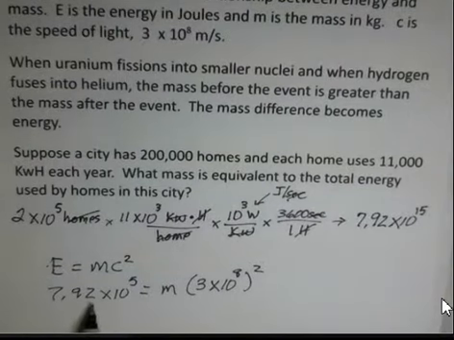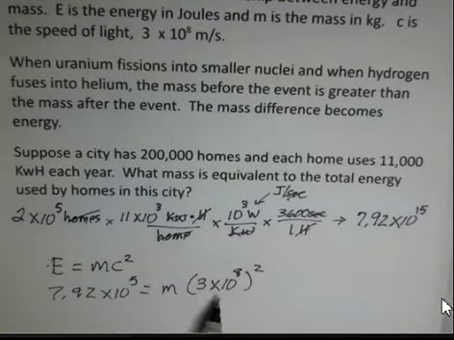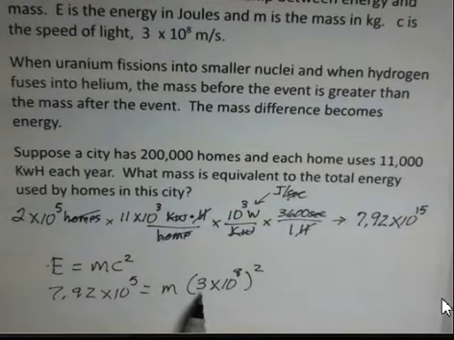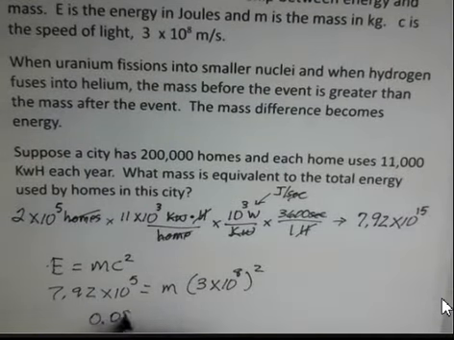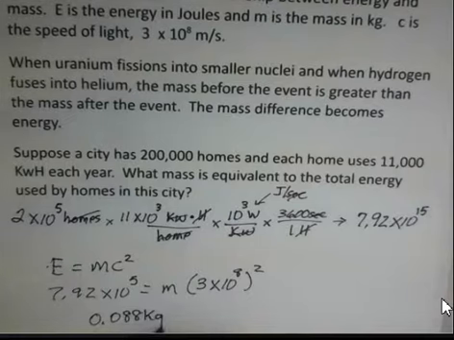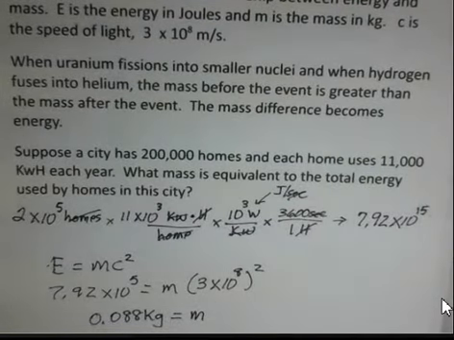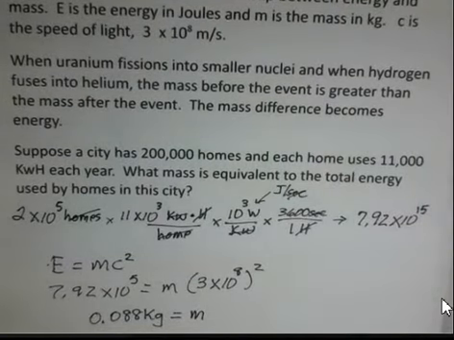But 7.92 times 10 to the 15th divided by, this is going to be 9 times 10 to the 16th when it's squared. So we do that division, and we find that we get 0.088 kilograms is the value for M.